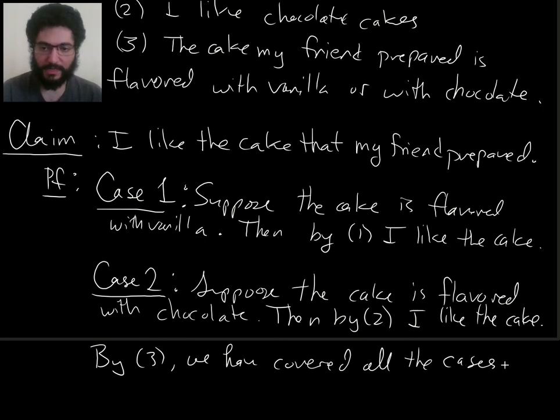We have covered all the cases since assumption 3 says either the cake is vanilla flavored or is chocolate flavored. So we've covered the vanilla flavored case, and we've covered the chocolate flavored case, and in both cases we ended up with I like the cake.